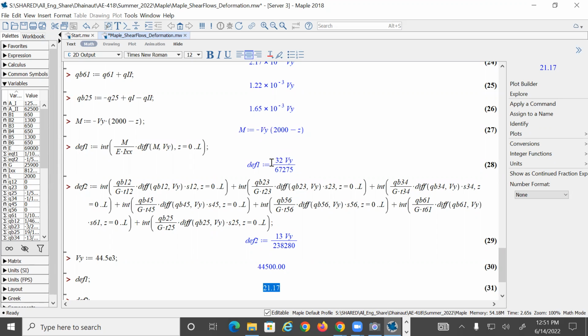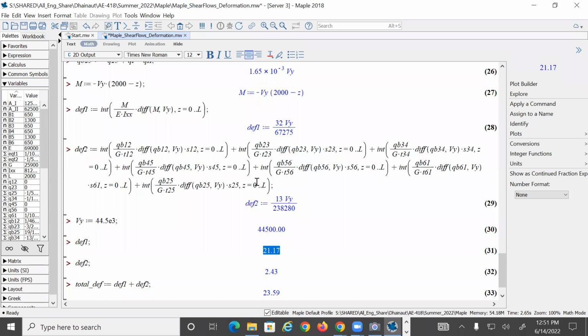So Q2 gives you 13 Vy divided by 23,082.80, which gives you 2.43 millimeters.